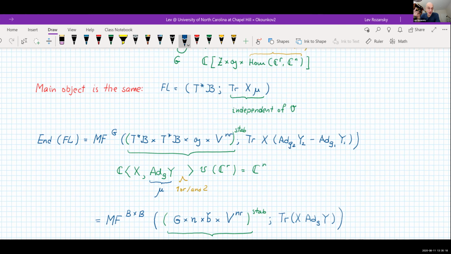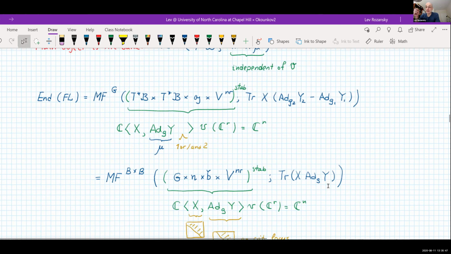So here we have, generally speaking, two stability conditions, one for the first cotangent to flag and the other for the second. But as I mentioned previously, they coincide on critical locus. So therefore you can drop one of them and still get the correct, equivalent category. So you can use either both or just one.